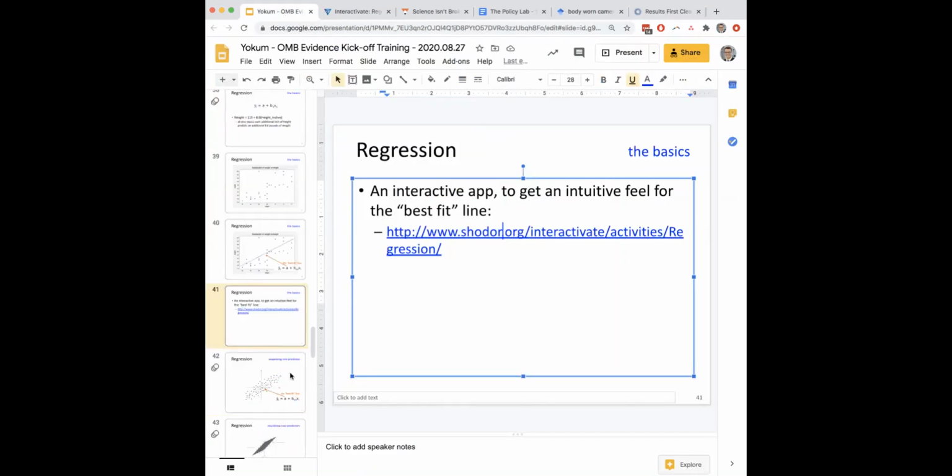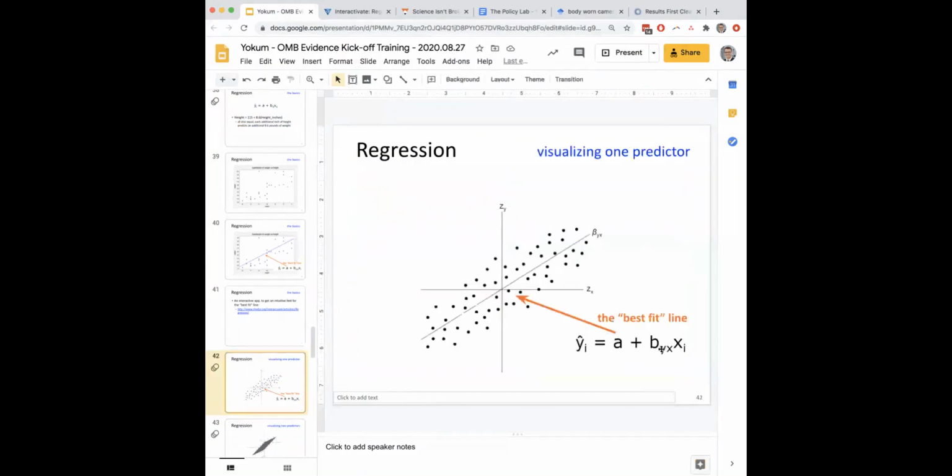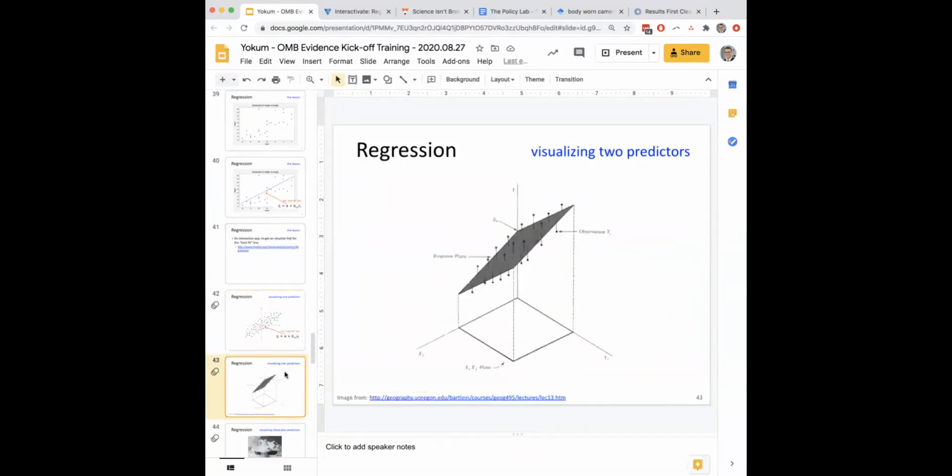It's easy to draw with a single predictor, like height predicting weight. That's just drawing a single line through here. I could even show it to you with two predictors. If you were to imagine a three-dimensional chart, so maybe this is the person's height and their age, and trying to predict their weight, you can imagine a plane that's moving around on a three-dimensional field.